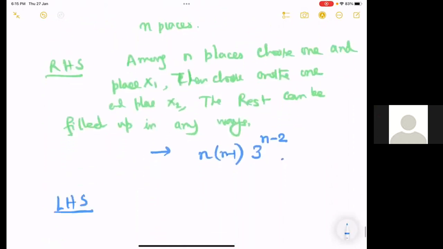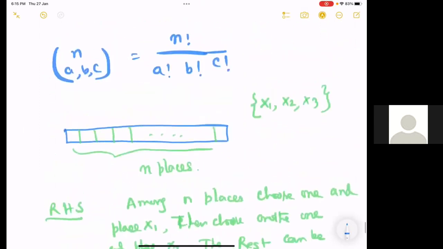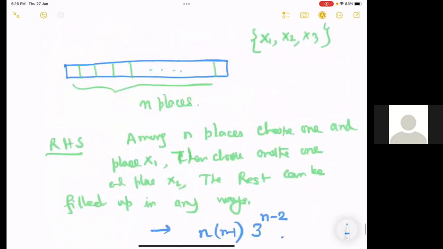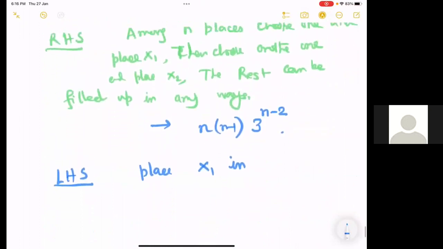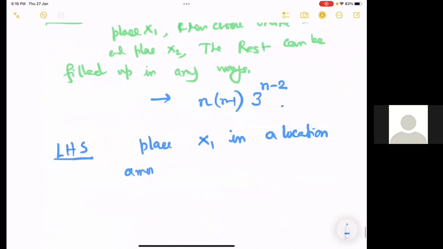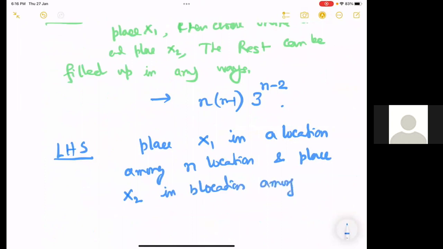So for the left hand side, place x1 in a locations among n locations, and place x2 in b locations among n minus a locations.